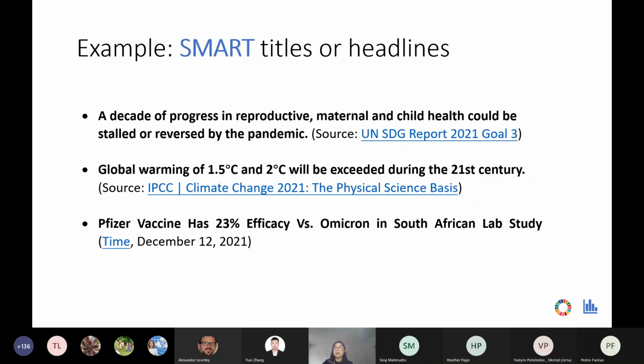So here are some smart titles or headlines. As a rule of thumb, news stories or media normally have very eye-catching, compelling, powerful titles. If you want to explore, use these 3 examples, and you can also check news stories and try to analyze why they're effective and why they're not effective.